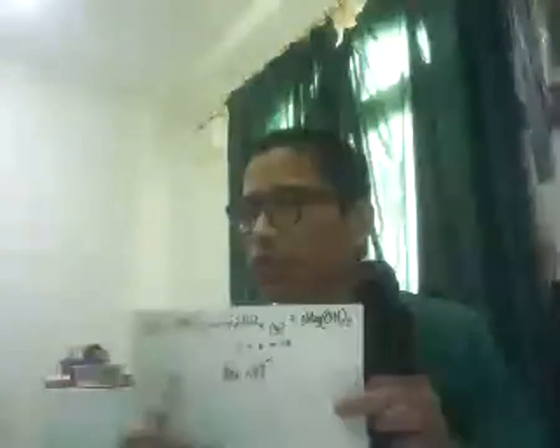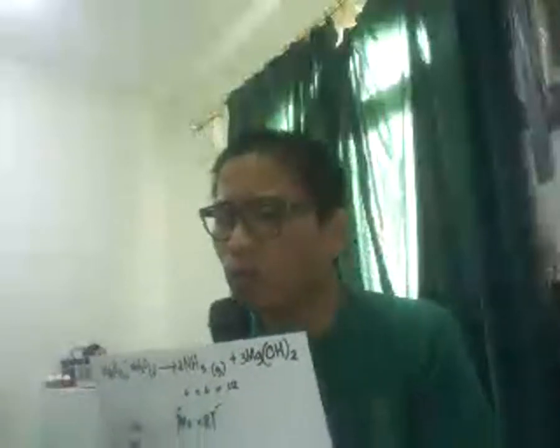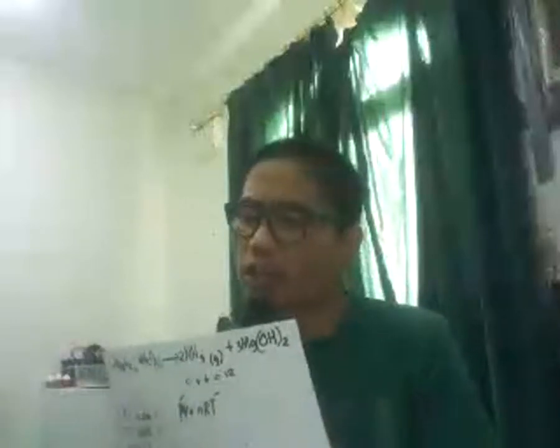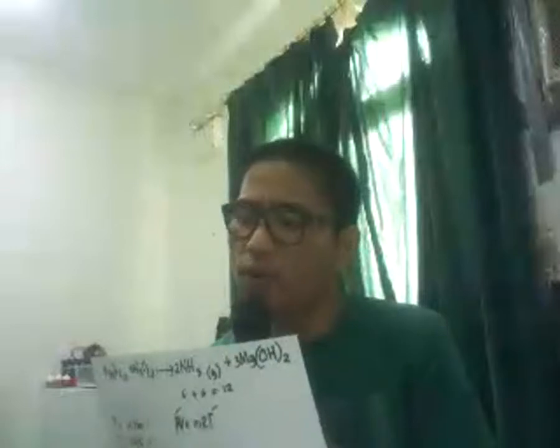These 0.30546 moles of ammonia will be our basis to compute the number of grams of magnesium nitride. So we can now refer to the chemical reaction here. How many moles of ammonia are in the chemical reaction?